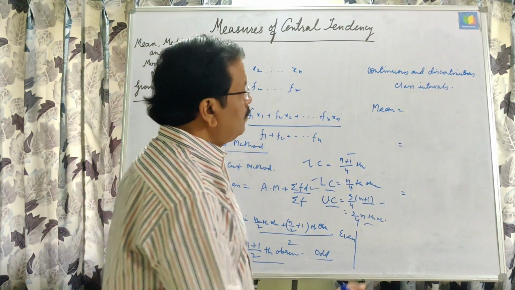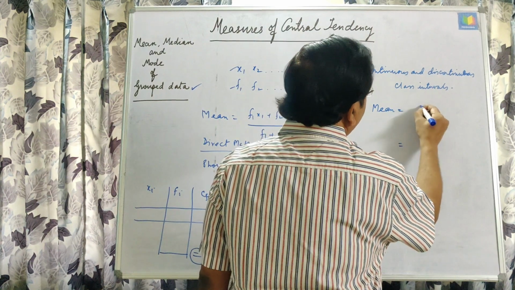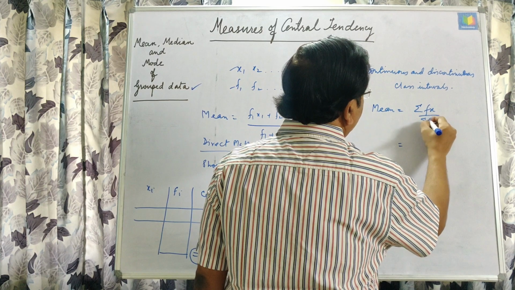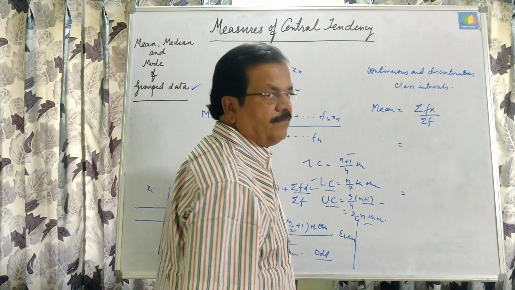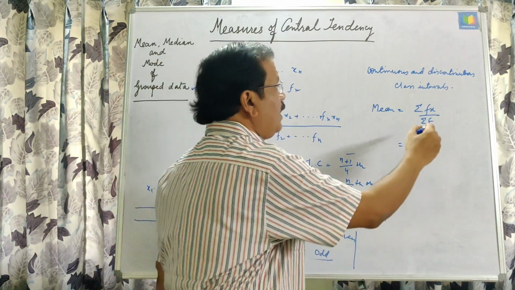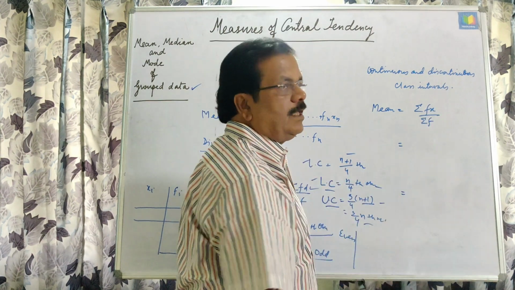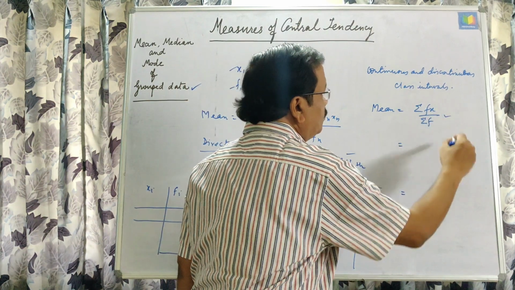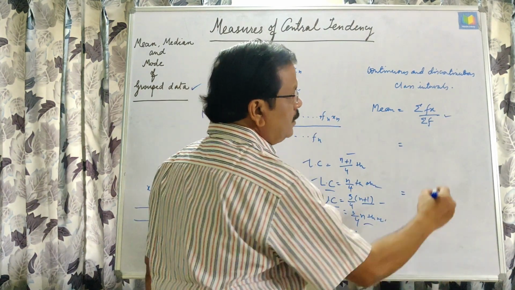Now in the direct method, it is sigma fx upon sigma f, where f is frequencies and x is variates, and this product in each row will be added and that will be equated to mean.